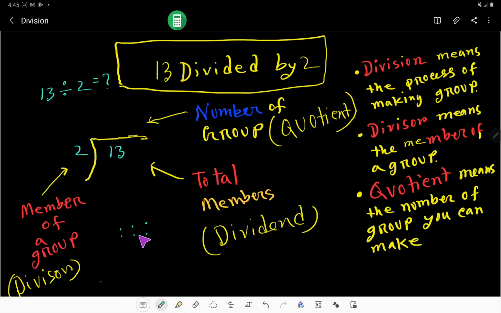So you have used 2, 4, 6, 8, 10, 12, 13, right? If you want to make groups, then what will happen?